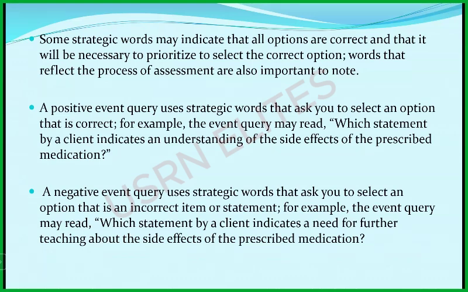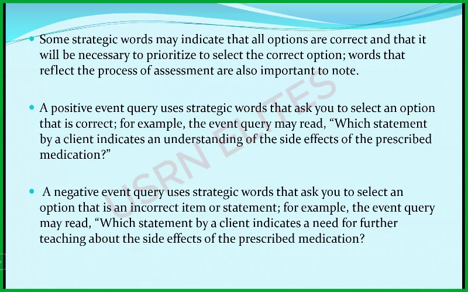Please, on your NCLEX, when you go and write, when you get questions, try and prioritize your answers. You can get all the options to be correct, but try and prioritize.